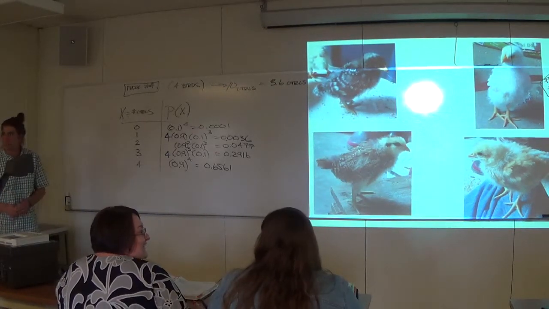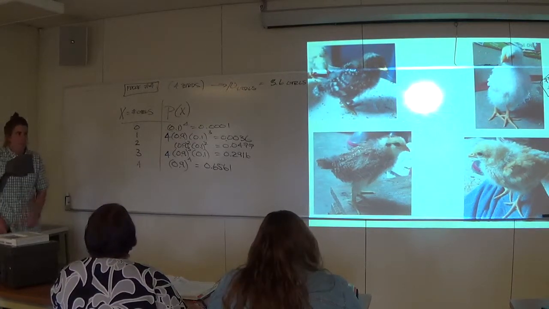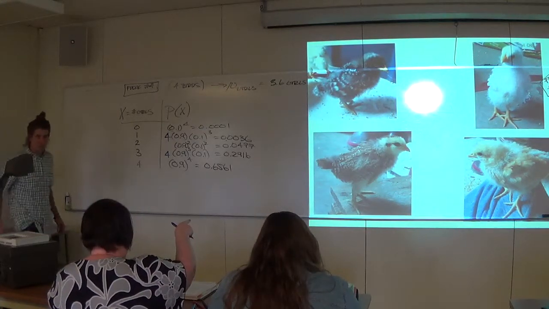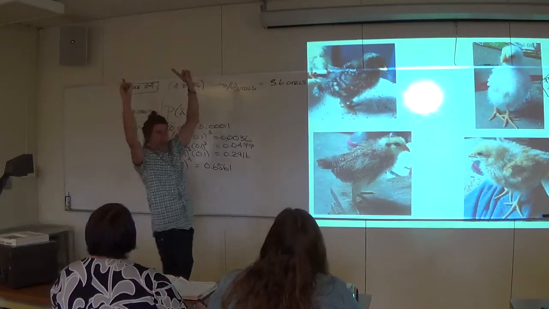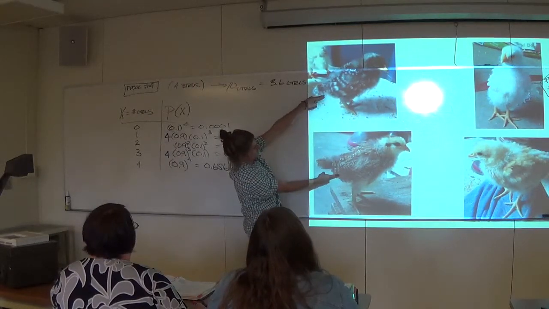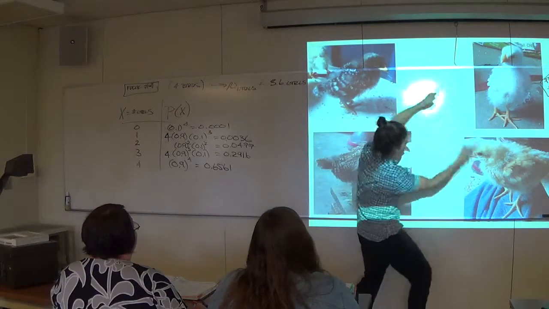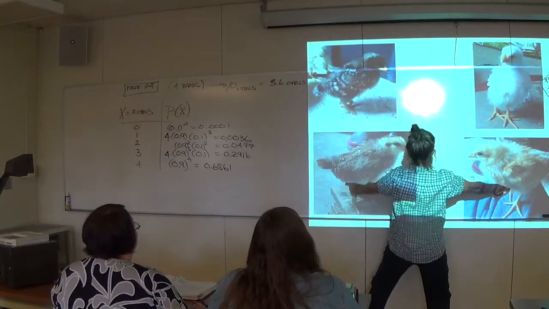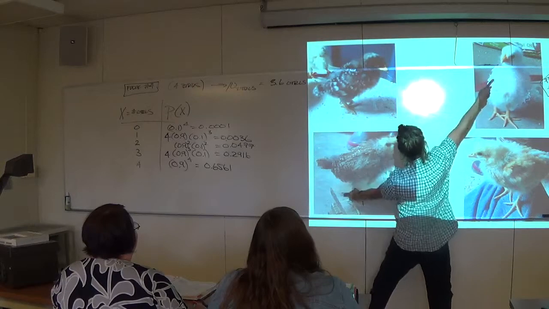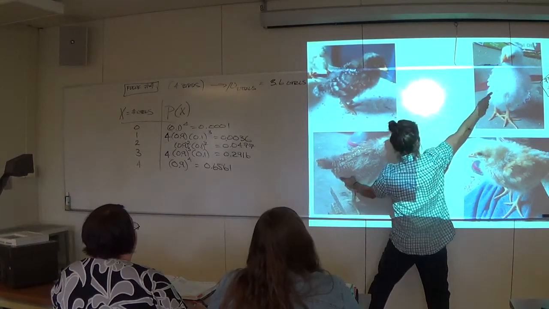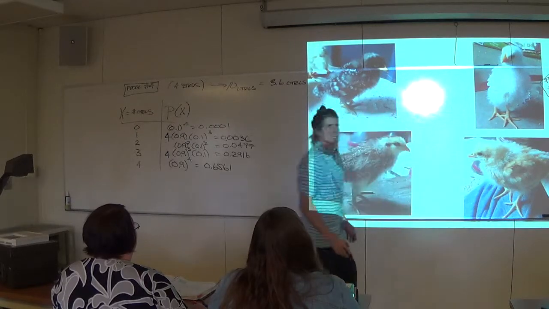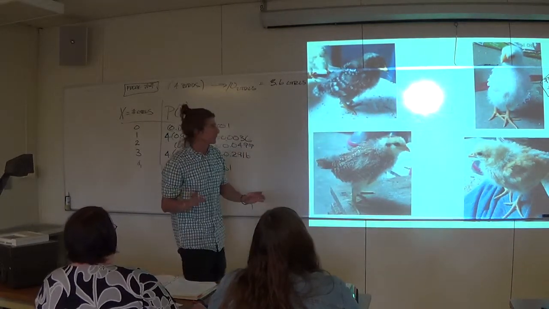If it's 6, let's count it. What should we count? We'll look at the girls, yes? Here are the girls. Help me count. 1, 2, 3, 4, 5, 6. Any others? Already got that one, right? Let's do a little bit more progressively.